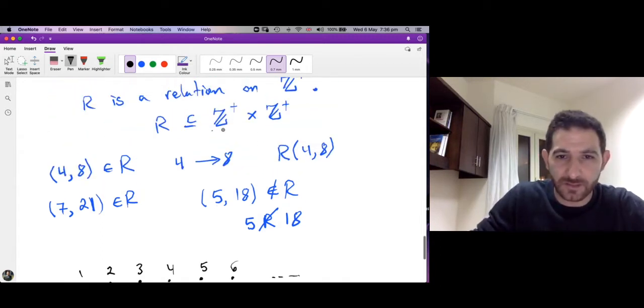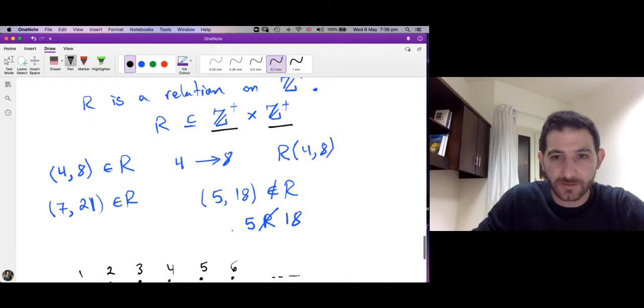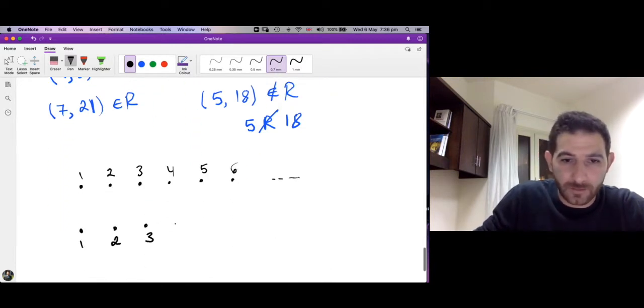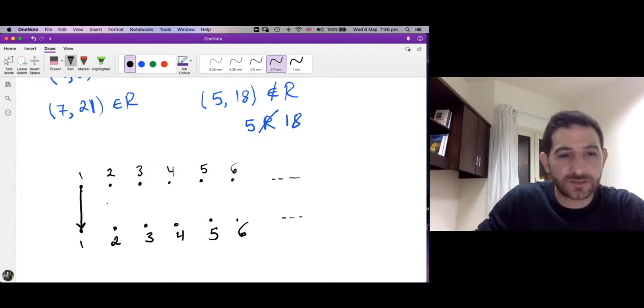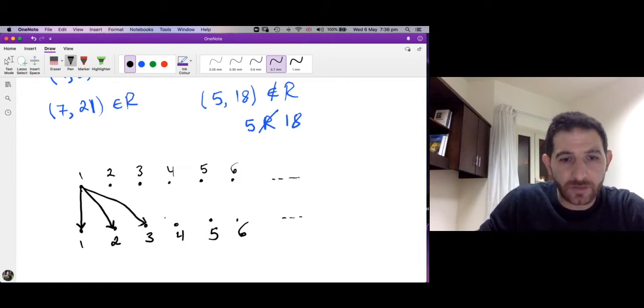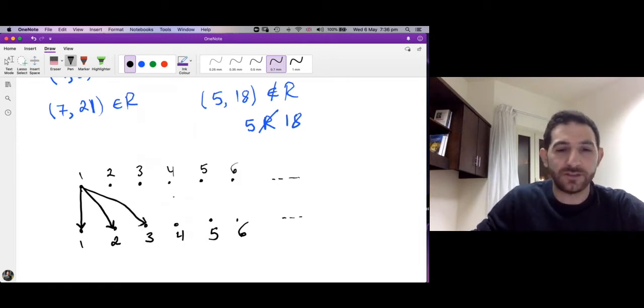Look, this is Z plus cross Z plus. 4, 5, 6, and so on. We know that 1 is related to 1 because 1 divides 1, and it's related to 2 as well, and it's related to 3. Actually, 1 is related to every positive integer because 1 divides any integer.